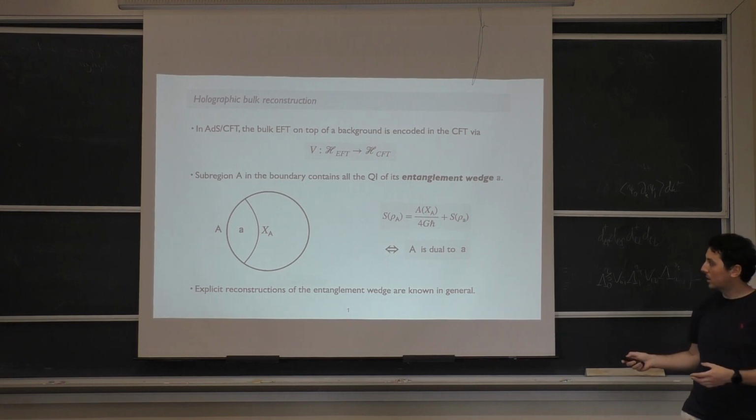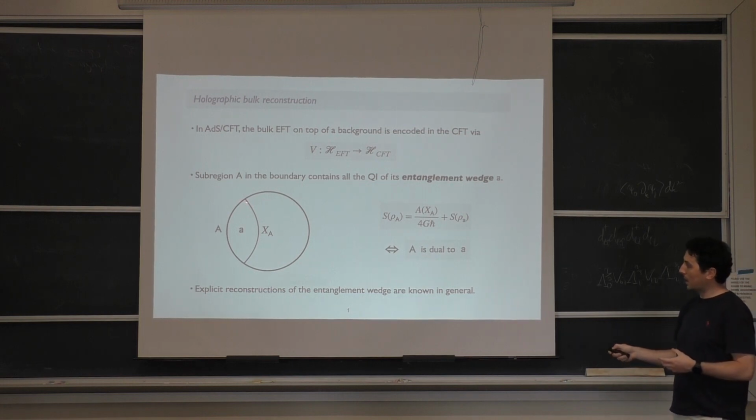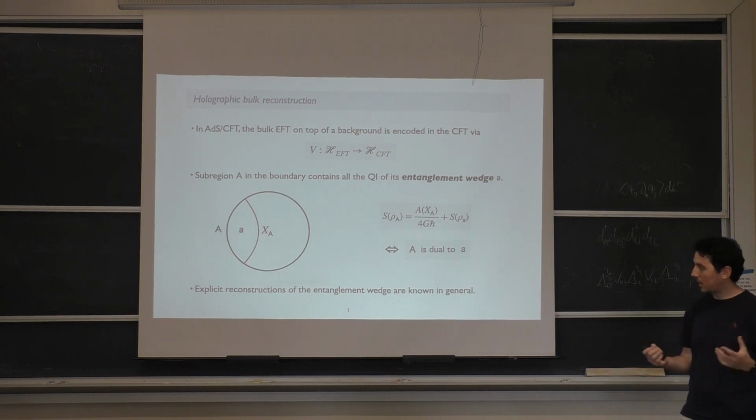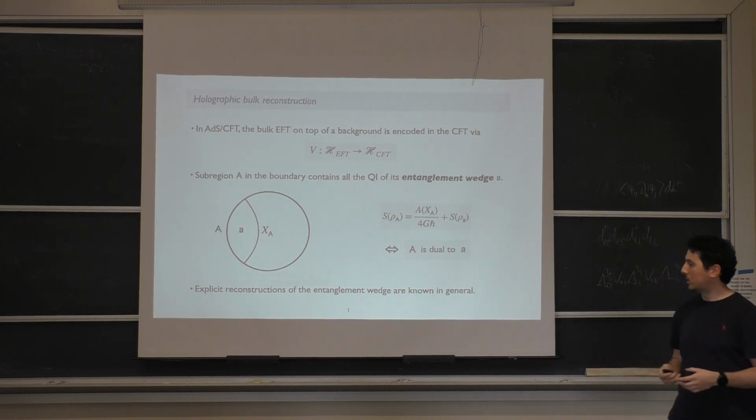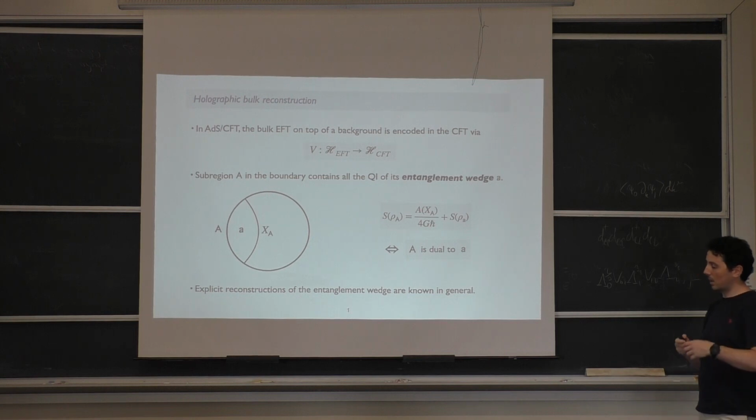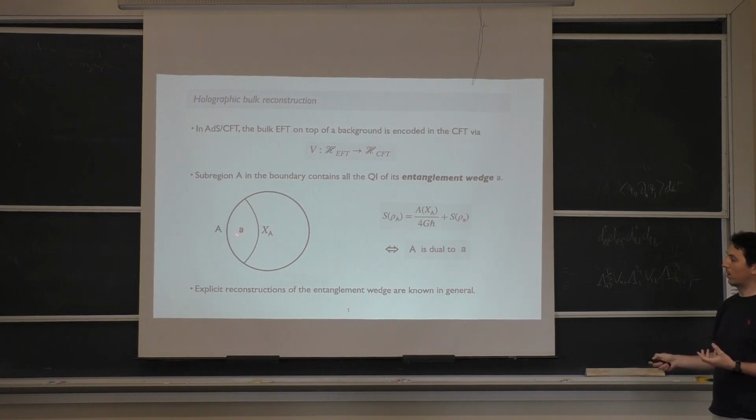So the entanglement wedge is delimited by a codimension 2 minimal surface in the classical regime, which is called the Ryu-Takayanagi surface, which you probably will have heard about. And the idea is that all the quantum information in big A in the boundary basically determines or knows about all of the quantum information in small a.